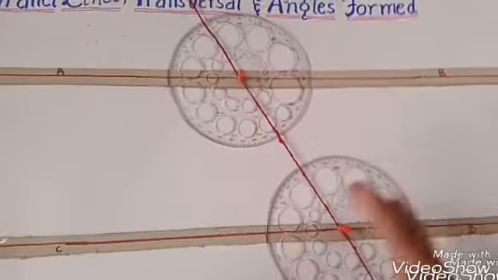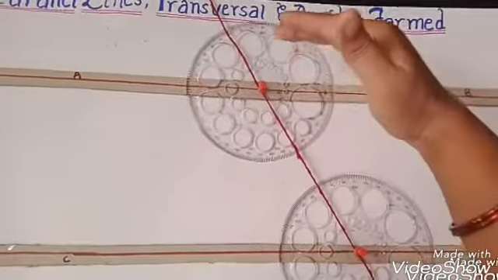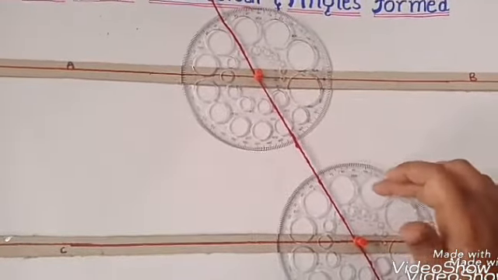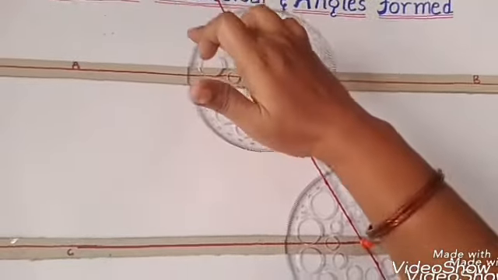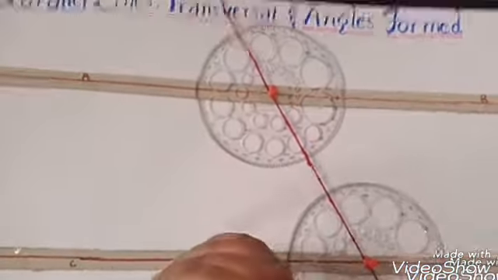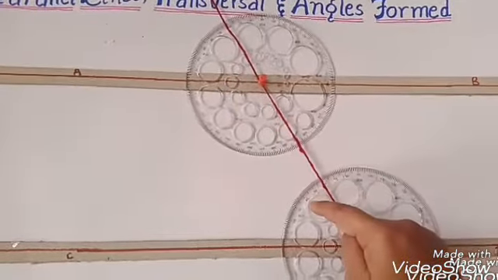Then we have again the inverted F letter. Here 120 and here 120, these two angles we also call corresponding angles, and here 60 degrees and here 60 degrees. In this reverse F letter, this 60 degrees and this 60 degrees also we call corresponding angles.